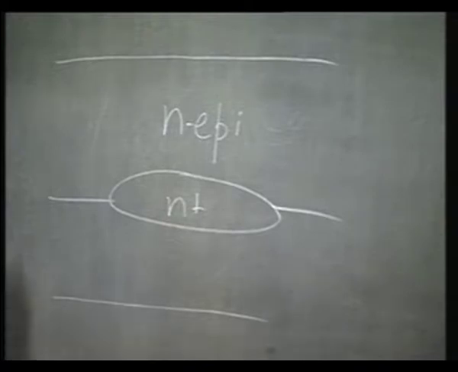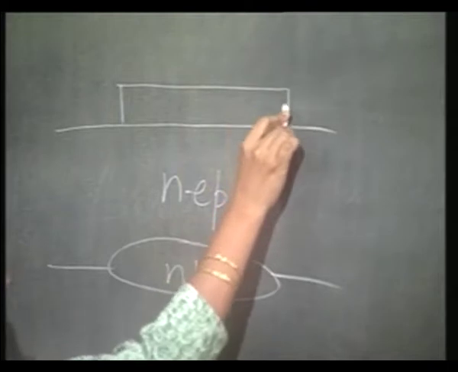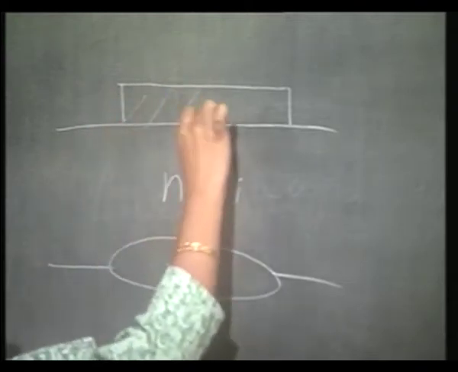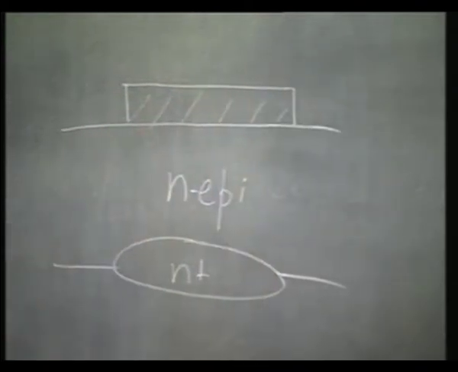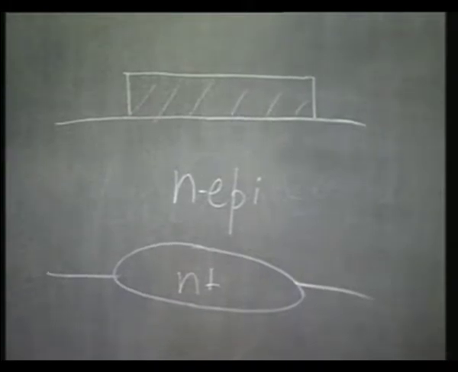Okay. Now, let me protect my active region like this, okay, using oxide or photoresist or whatever. By a suitable protection, let me protect my active region, and now let us subject it to an anisotropic etch. So, what will happen?